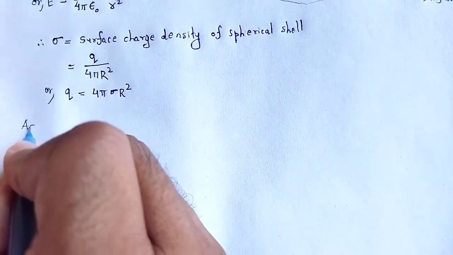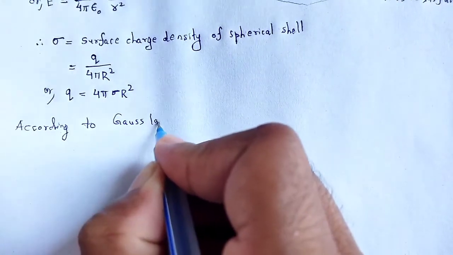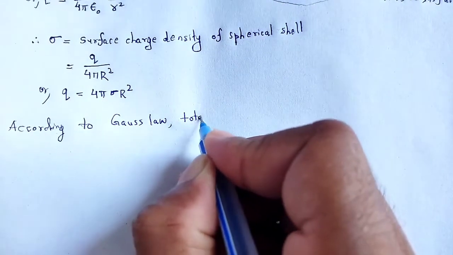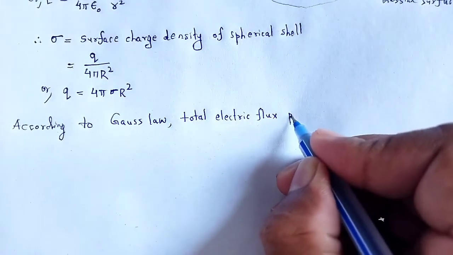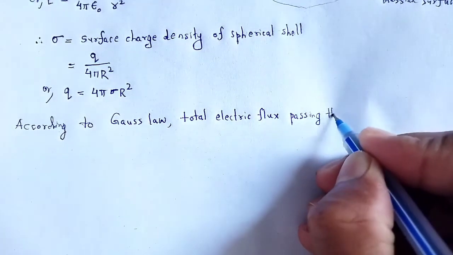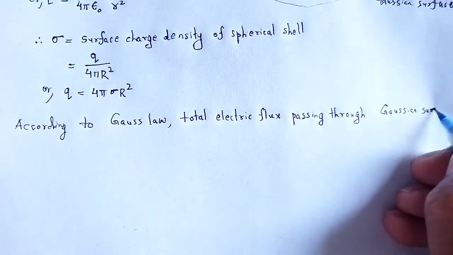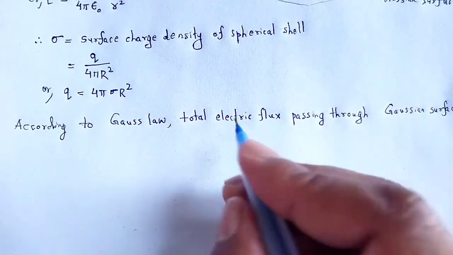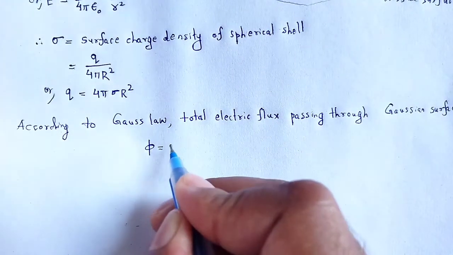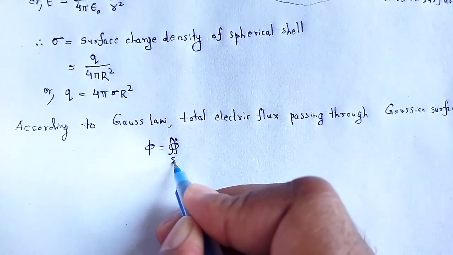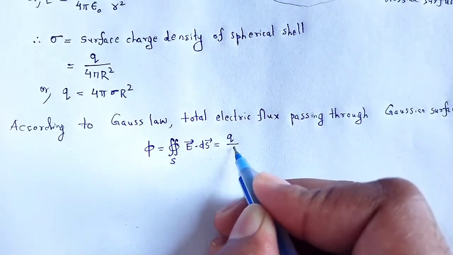According to Gauss law, the total electric flux passing through the Gaussian surface is phi equal to the closed surface integral over S of E dot ds, equal to Q divided by epsilon naught.